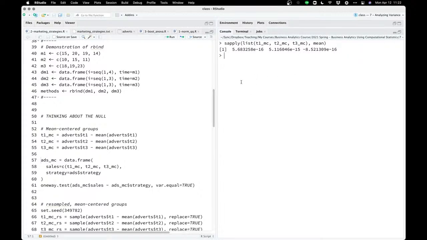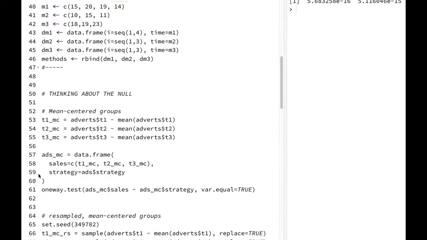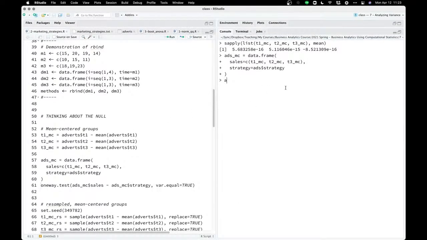Great. So is that what my data would look like if these treatments had no effect, if they had the same mean? Well, I'm just going to set up my data in the long form that I need.